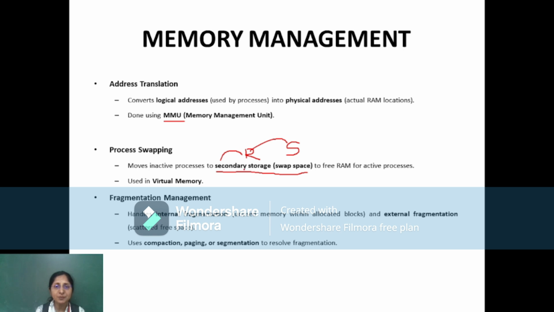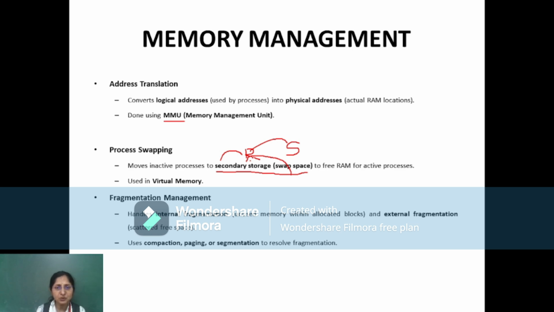Process is waiting for some input and output operation, but it is still in the RAM, and there is no place for the other process to come to get executed. So in the meantime, what will happen? This process which is there in the RAM will be shifted to the secondary storage on a temporary basis, and in that same place, one more process from the secondary storage will be copied to RAM so that it can get executed, right?